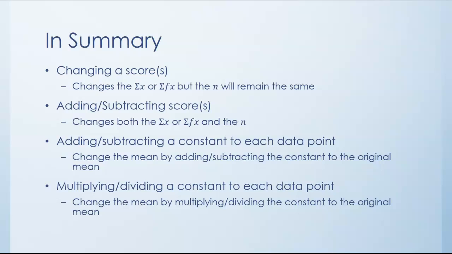That means that if I'm multiplying it by 5, I could take my original mean and multiply it by 5 and I would get my new one. Or if I'm taking everybody's score and I'm dividing it in half, then I can take my original mean and divide that in half and that will give me my new mean. But again, it has to be consistent across all of your data points. You have to multiply by the same number. You have to divide by the same number.